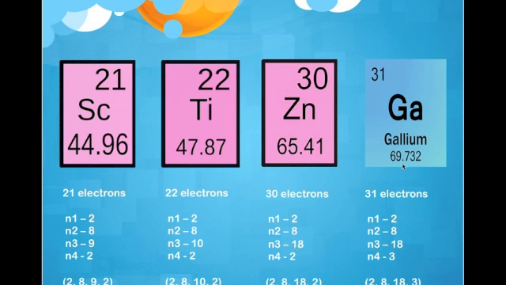We can have a look at 31, gallium: 2, 8, 18, it's full, so it's sending everything else to electron shell number 4. And if we do the maths on electron shell 4, 2 times 4 squared, the maximum is 32. So it'll keep filling up shell number 4 until it reaches 32 before going up to the 5th shell.